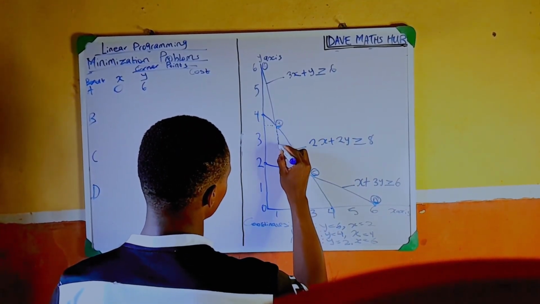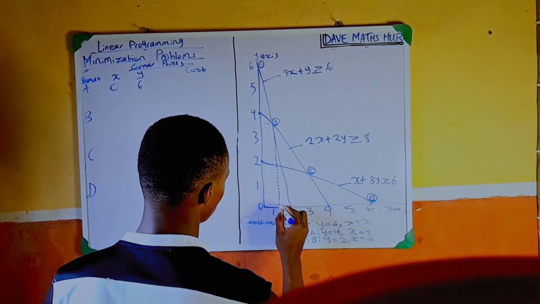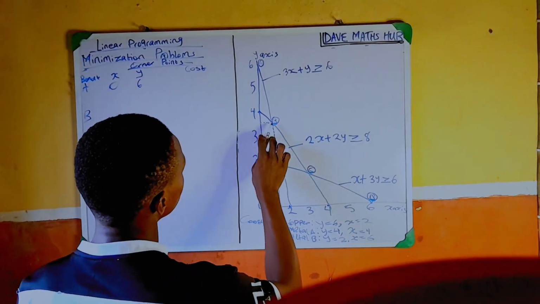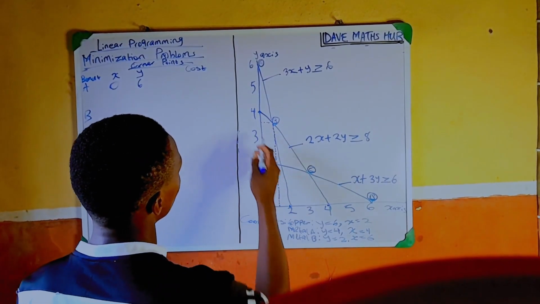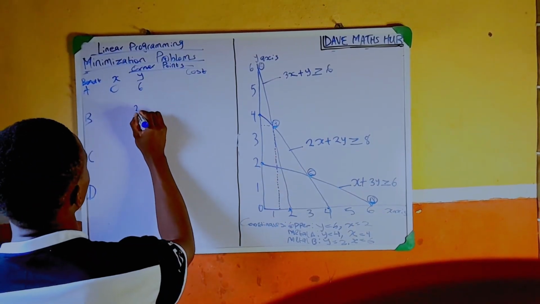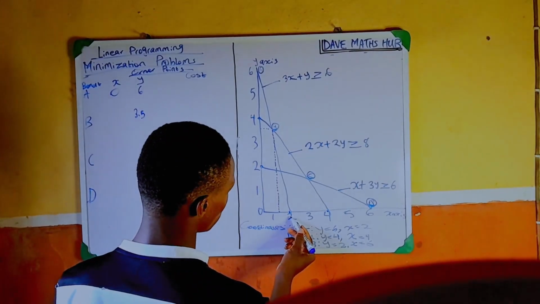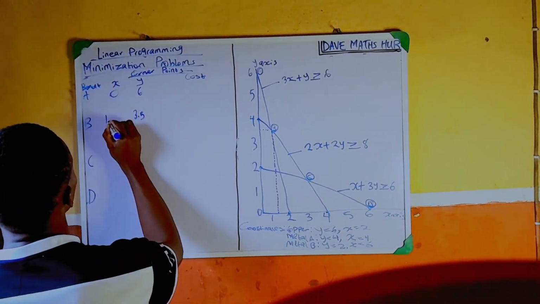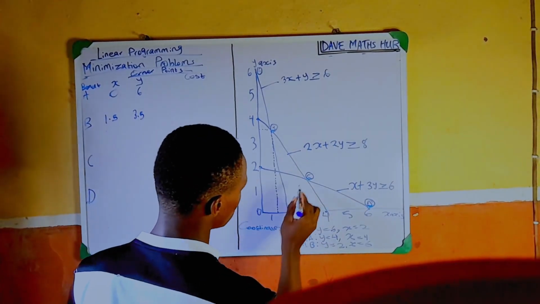So B now, since this is 3, this is 4, we can say for Y 3.5. Then this is 1, this is 2, we can say 1.5.